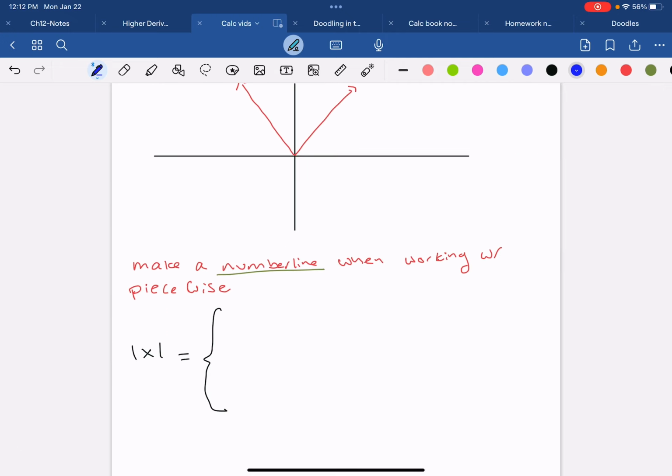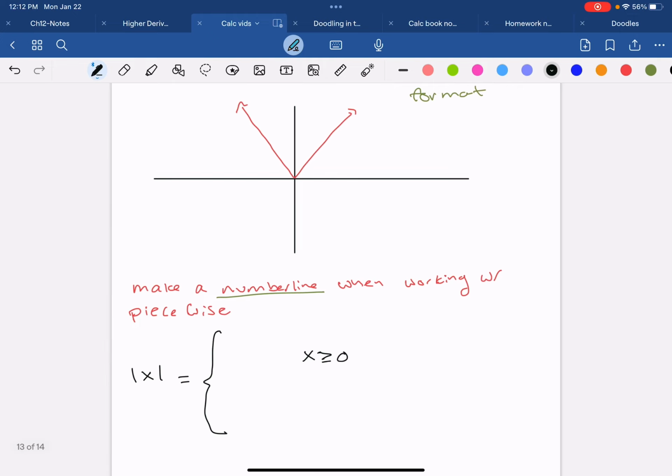So when we're looking at this, what's a positive number? A positive number is something that is greater than or equal to 0. So when x is greater than or equal to 0, meaning when x is positive, whatever you plug in on your x-axis, your x is positive, right? Because if you're plugging in an x number that is greater than 0, you have positive x.